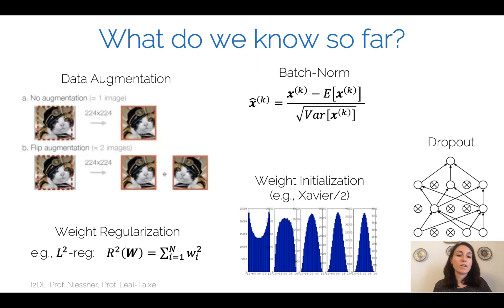And finally, we have seen, especially today, regularization techniques, data augmentation, batch normalization, dropout, proper initialization, and the effect of initialization in training neural networks. All very important aspects that make neural networks trainable, so we can digest all this amount of data that we need to process in order to obtain high performance for a given task.